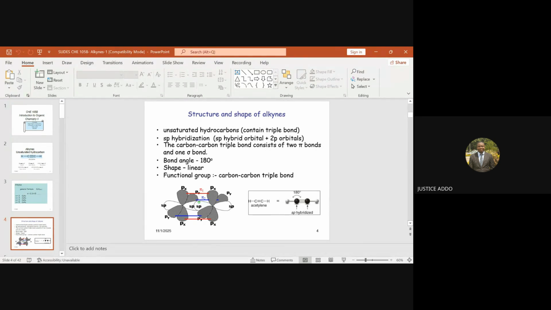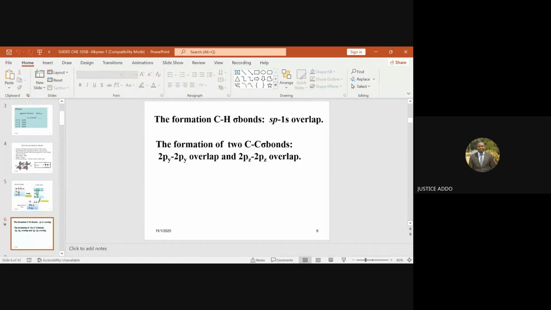And anytime the structure of a compound has a bond angle of 180, that tells you that the compound is linear. So the shape of alkynes is linear. The alkanes are not linear, they are tetrahedral. The alkenes are not linear, but the alkynes are what? Linear. So take note of this formation.